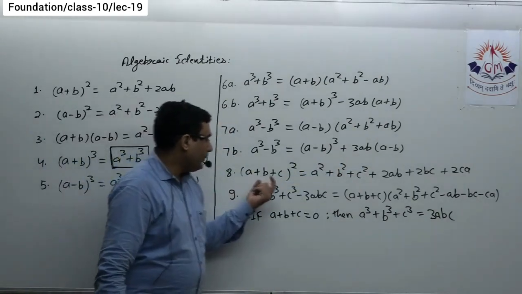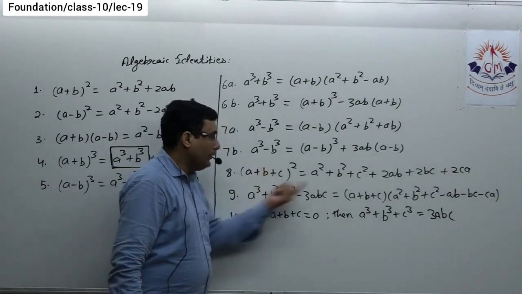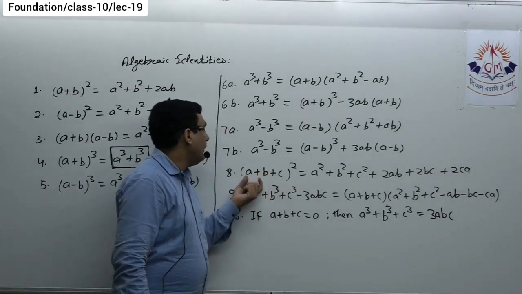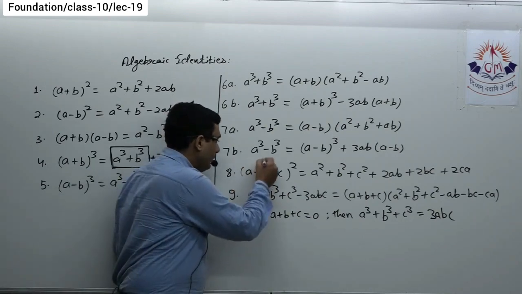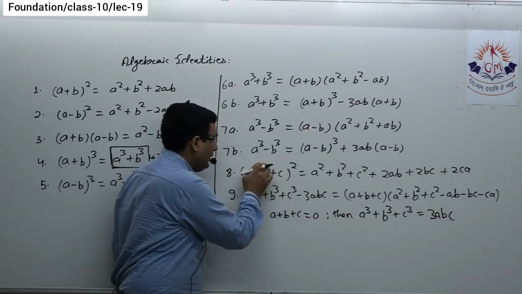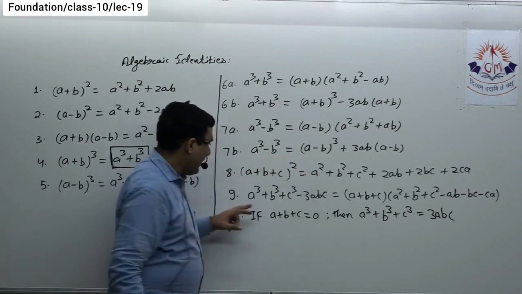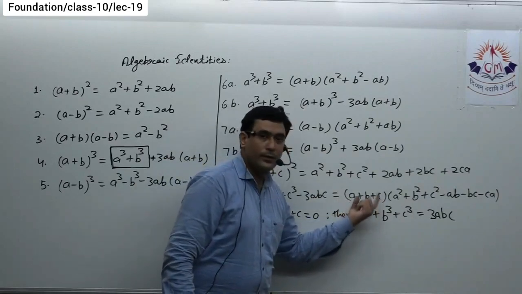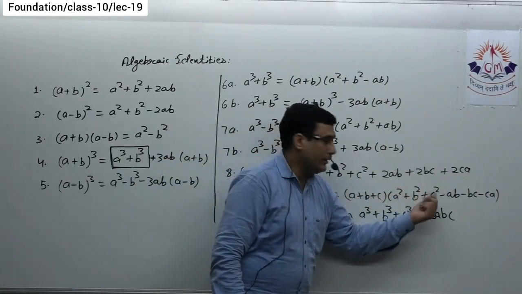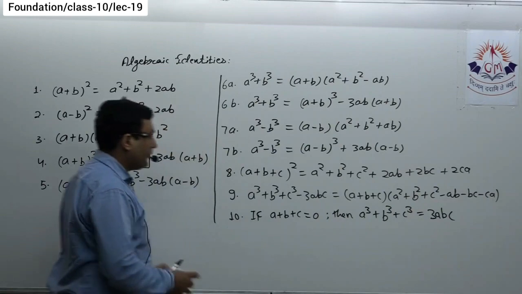Now a plus b plus c whole square: square of all three plus 2 multiplied by taking two at a time. That means 2 into ab, then 2 into bc, then 2 into ca, with plus sign. Then a cube plus b cube plus c cube minus 3abc is a plus b plus c into a square plus b square plus c square minus ab minus bc minus ca.